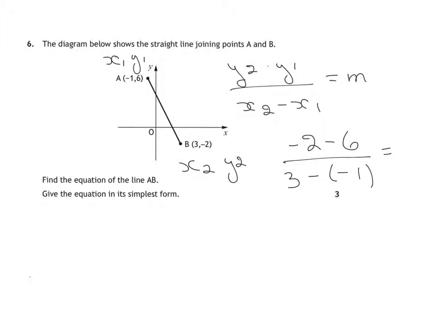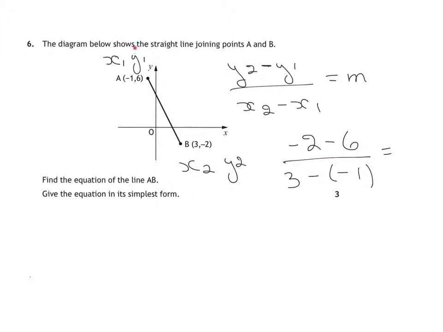So, like I said, y2 minus y1. So there's my y2, there's my y1. So we have got negative 2 take away 6. x2 minus x1. There's my x2. 3 take away x1, negative 1. Watch your negatives.